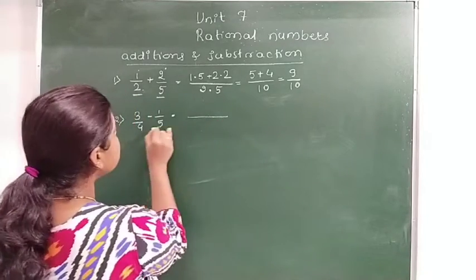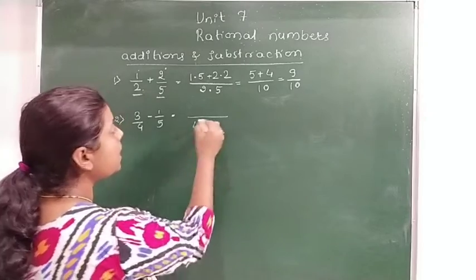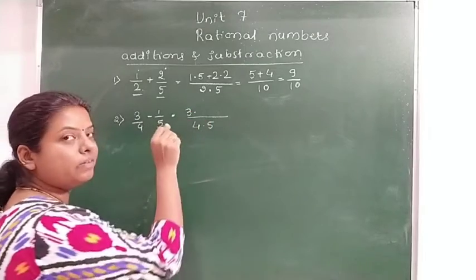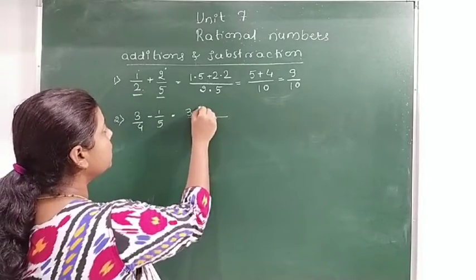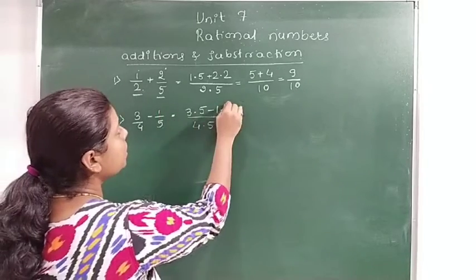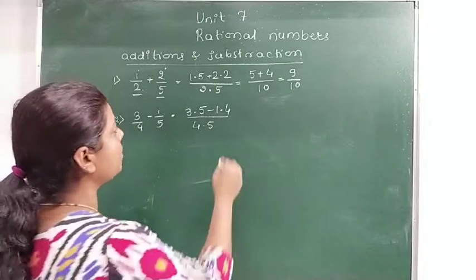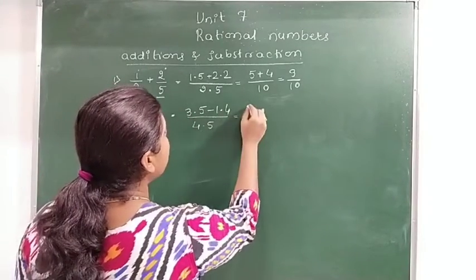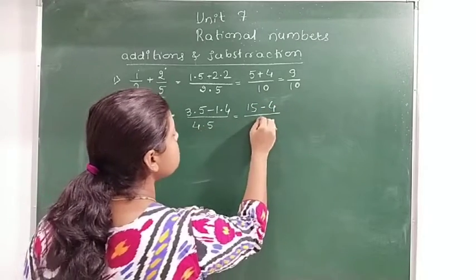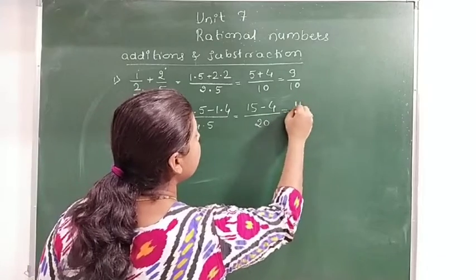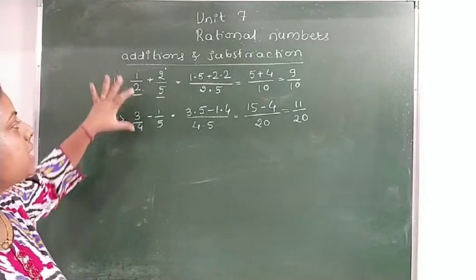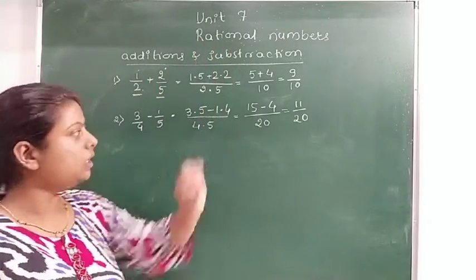Here the denominators we take in multiplication form, and this numerator is multiplied with the opposite denominator, minus this numerator multiplied with the opposite denominator. 3 into 5 is 15 minus 4, divided by 4 into 5 which is 20. It becomes 11 by 20. Like this you have to apply addition and subtraction for rational numbers.